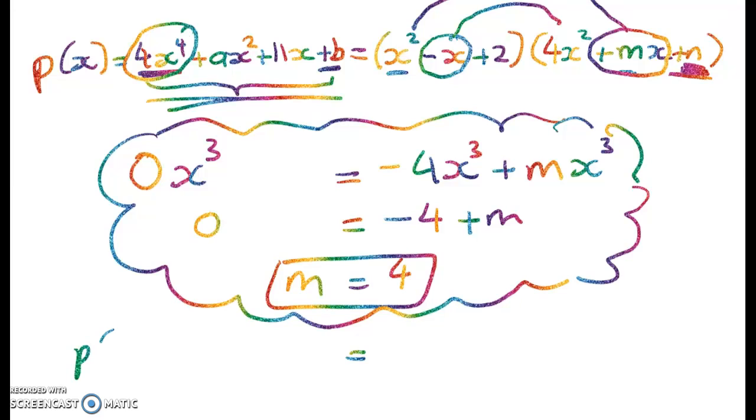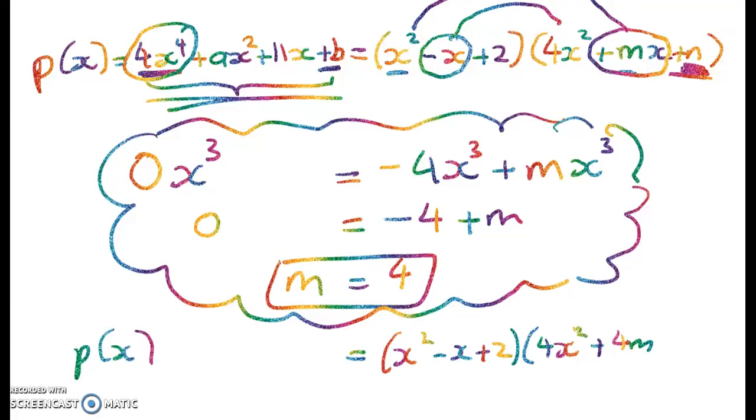So p of x is now equal to x squared minus x plus 2 times 4x squared plus 4x plus n. So we just have to work out the constant on the end.